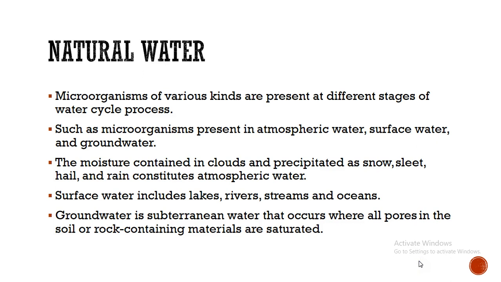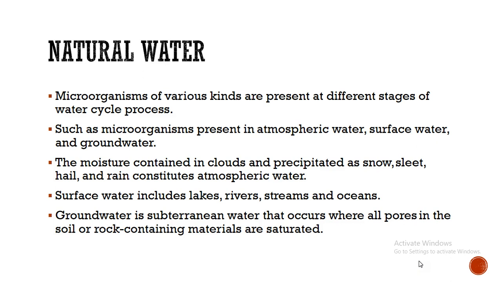Then we have groundwater, which is the subterranean water, which accumulates under all pores in the soil or rock containing material. Bacteria as well as suspended particles are removed by filtration in varying degrees, depending on the permeability characteristics of the soil and the depth to which the water penetrates.